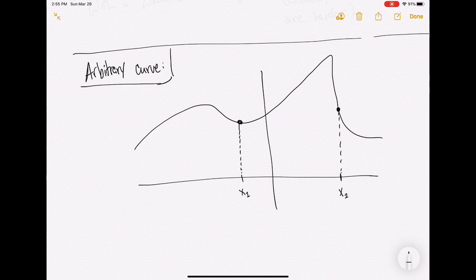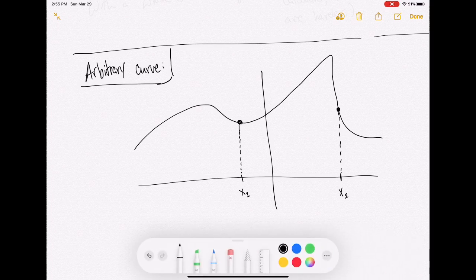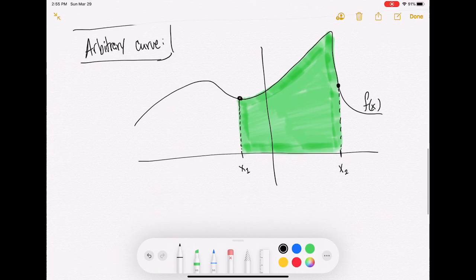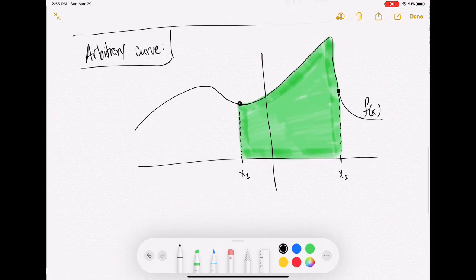I want to approximate that area. So once again, I'll shade this in so we know what we're talking about. I want to approximate this. Let's call it curve f of x still. I want to approximate this with rectangles.